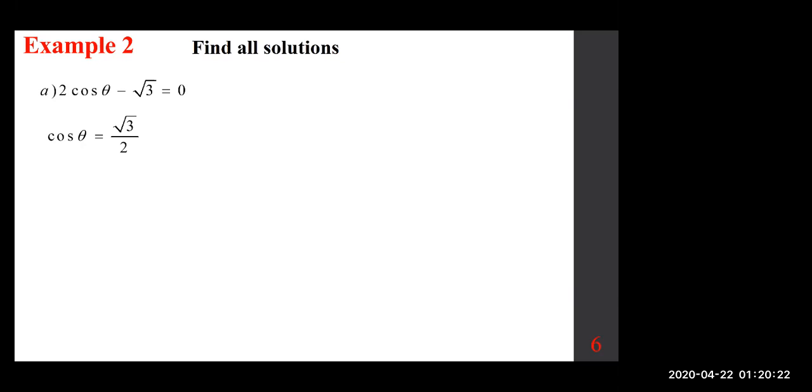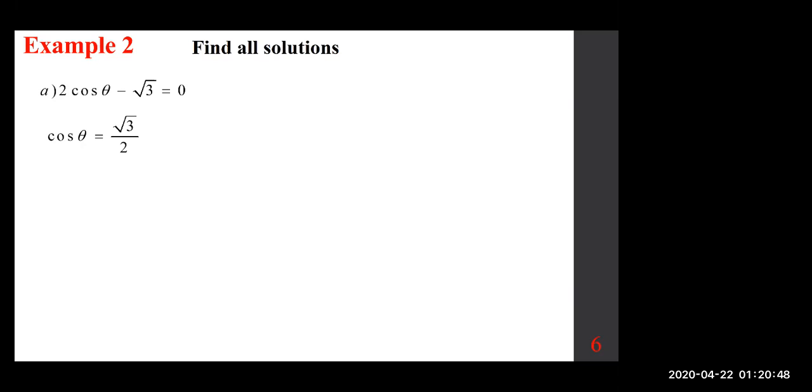All right. To answer this, let's first answer this from 0 to 2 pi, everybody. So cosine theta is equal to square root of 3 over 2. First, let's go with the first quadrant and the reference arc, if you will.